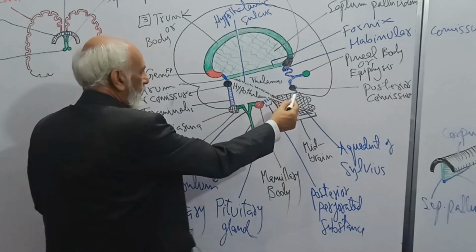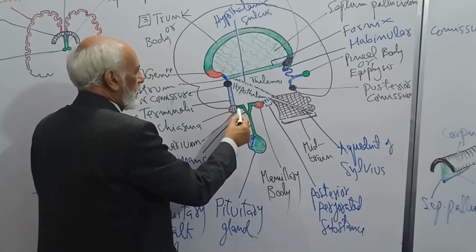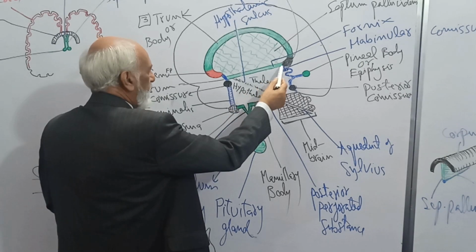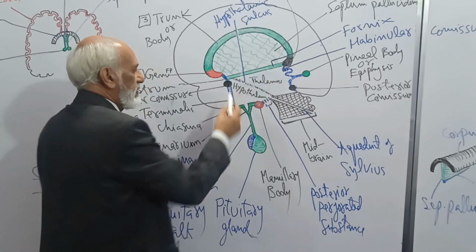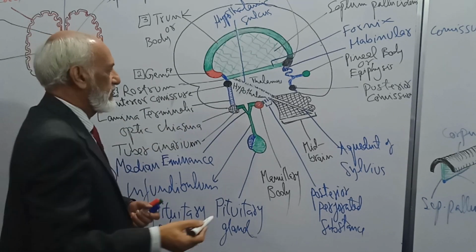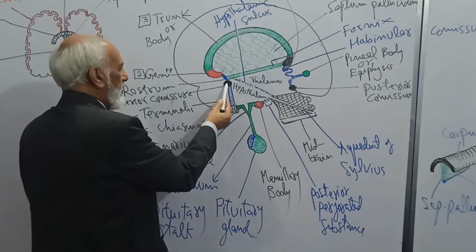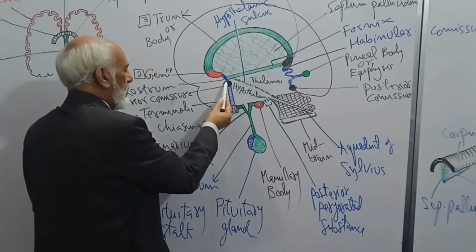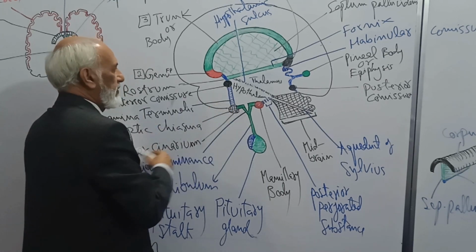From before backward, the roof of the third ventricle is formed by the fornix, and on each side of the fornix is the choroid plexus. The anterior wall, from above downward, is formed by the anterior commissure and lamina terminalis.